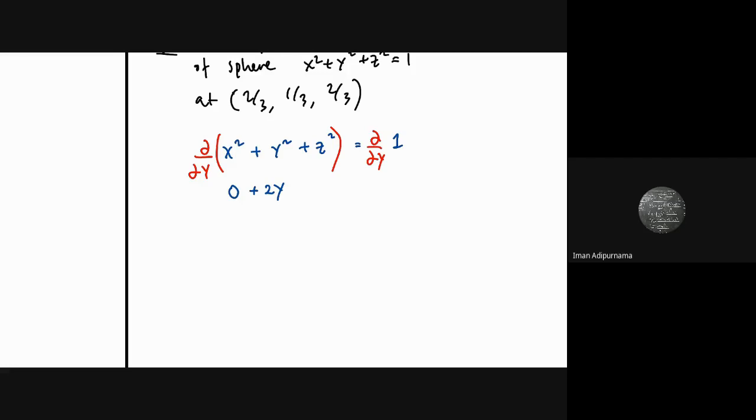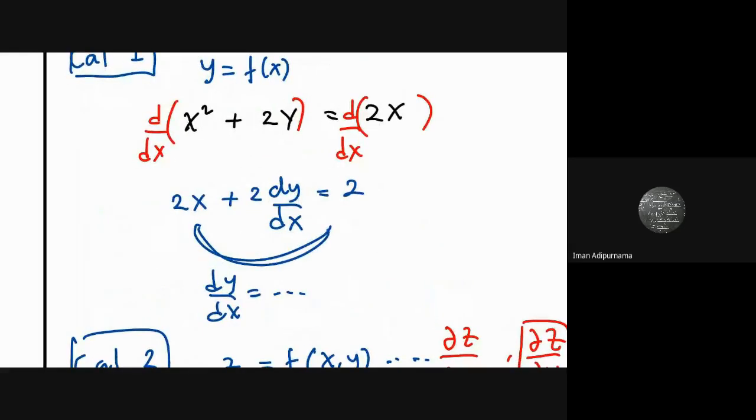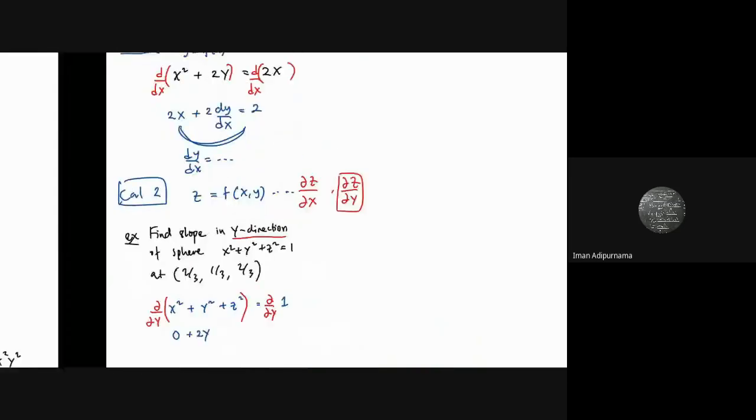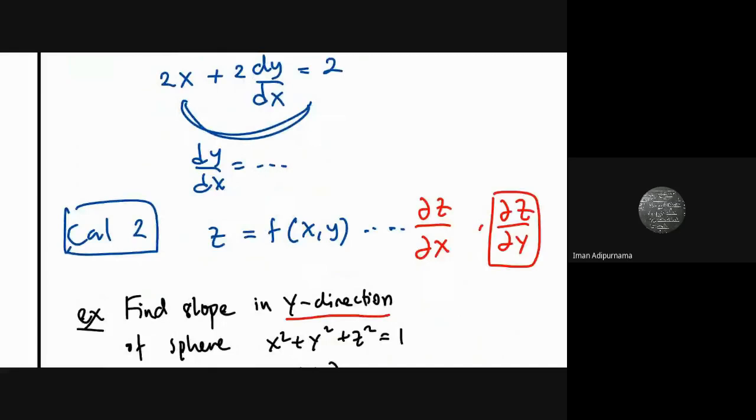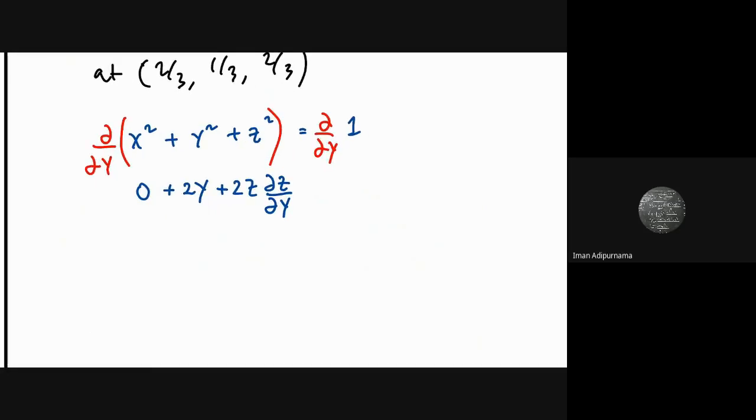But when you meet the z, this is the term that is similar to y in calculus 1. Because z is a function of x, y, we need to treat z as y, but we need to add at the end that partial notation, and this is 0. So you can solve this.